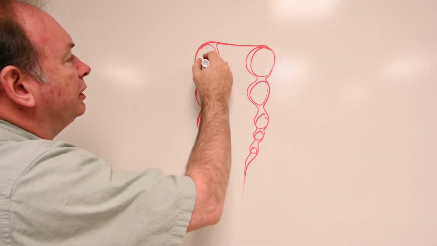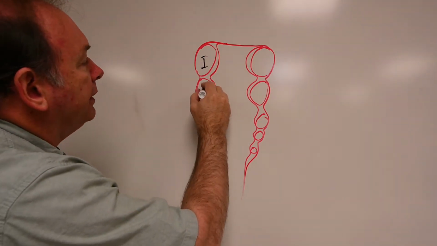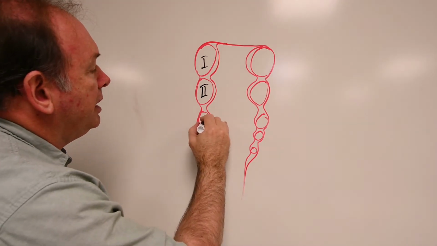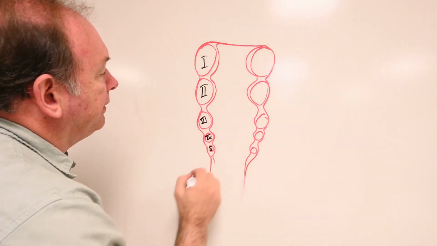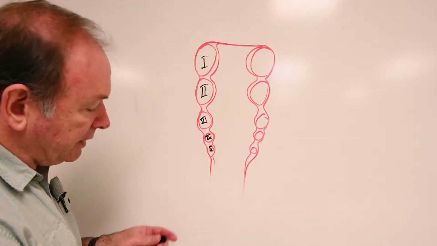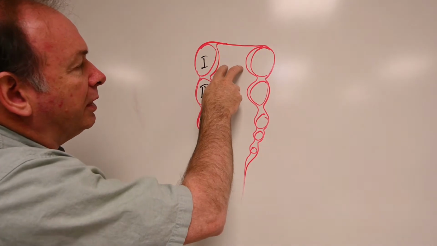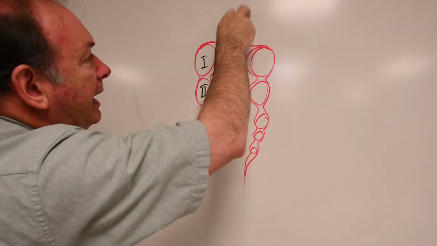There's pharyngeal arch number 1, we'll label with the Roman numeral 1. Then there's pharyngeal arch number 2, number 3, number 4, and number 5. So we have the different visceral arches developing in here. Remember that the first arch is the mandibular arch, and it has both the lower jaw and the upper jaw.